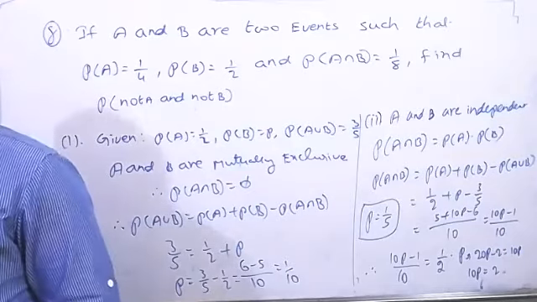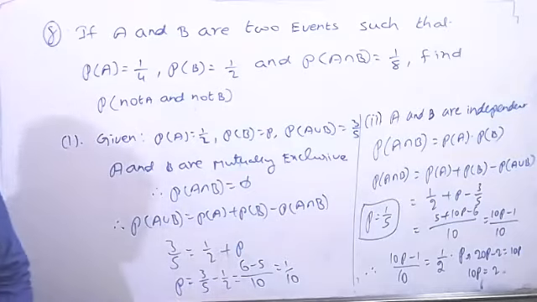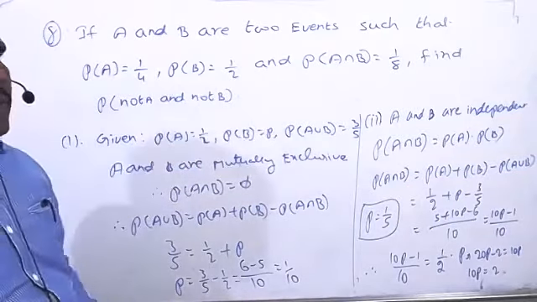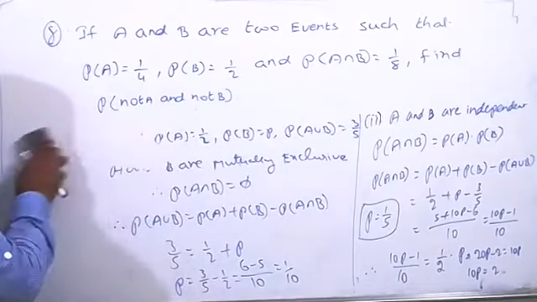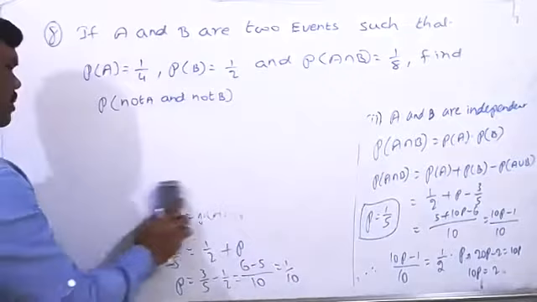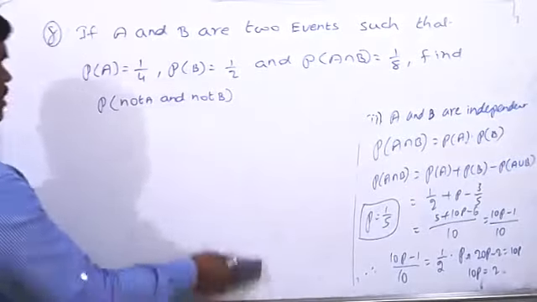Before finding this, first we have to cross verify whether A and B are independent events or not. If they are independent events, finding the value is very easy.